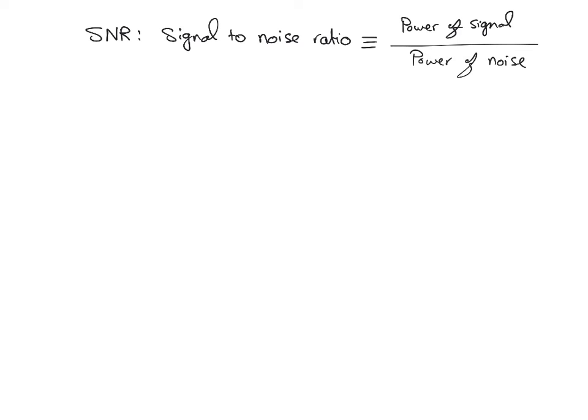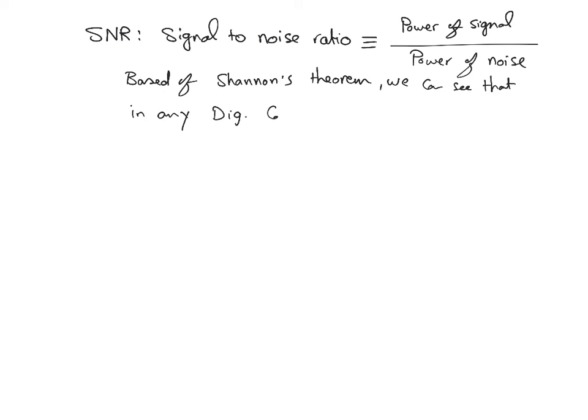So in general, based on Shannon's theorem, we can see that in any digital communication system, we can trade off three parameters.